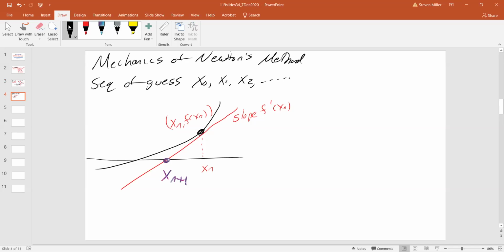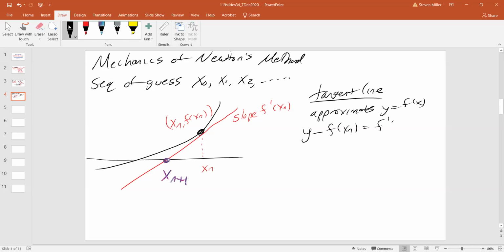So the first thing is we need to find the tangent line. And so this approximates the function. So we would get y minus f of xn equals f prime of xn times x minus xn.